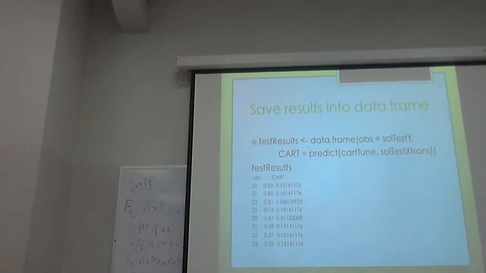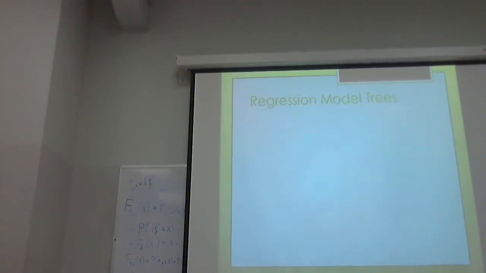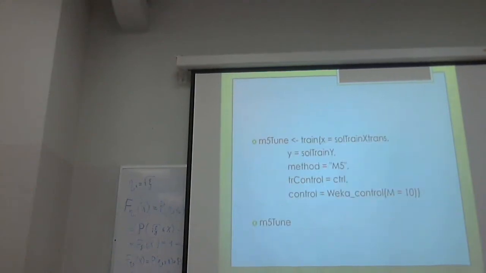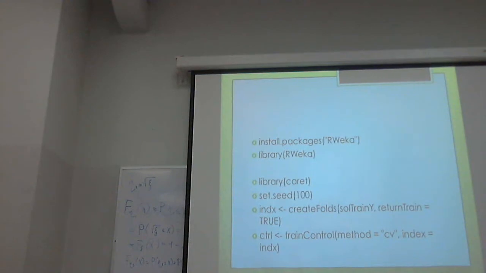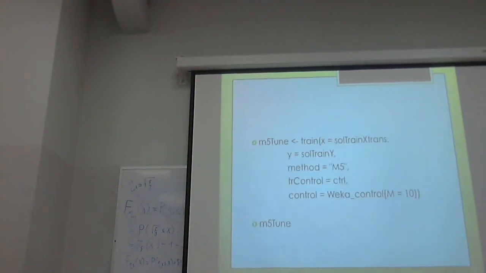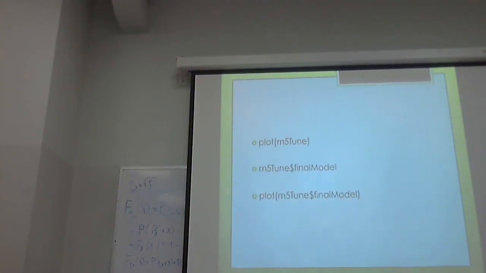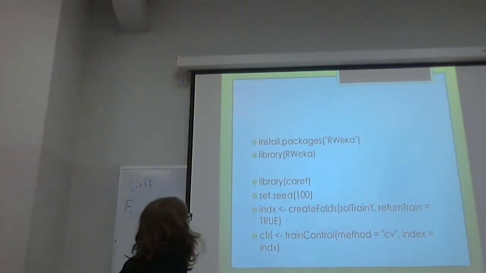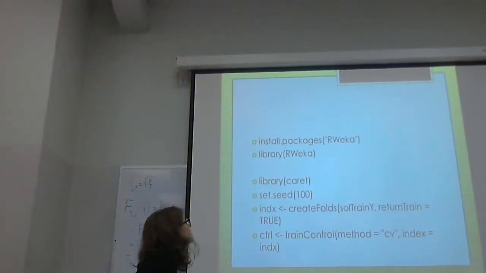Okay, so that was about one single tree. It's called classification and regression trees, and the next one is the tree model which is called the M5 model. Let's try it. For that, you need the package RWeka.